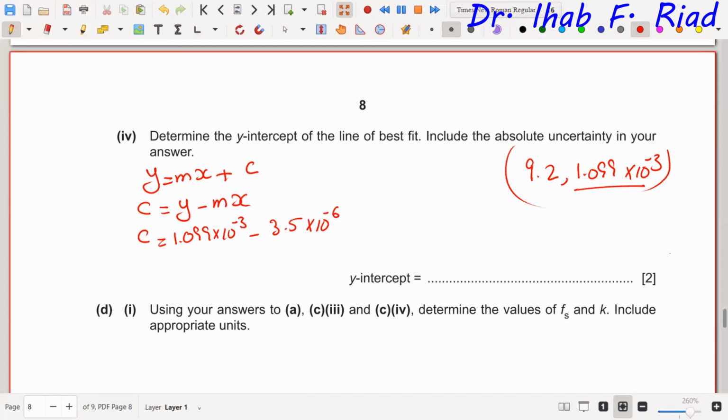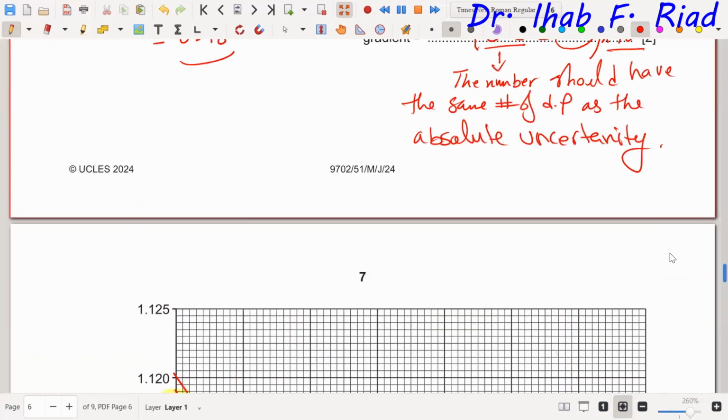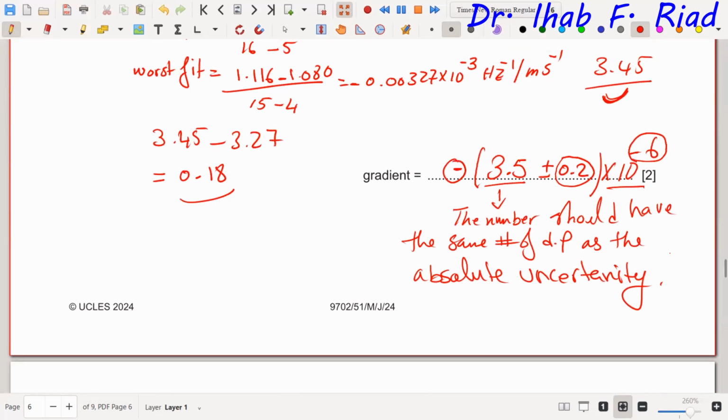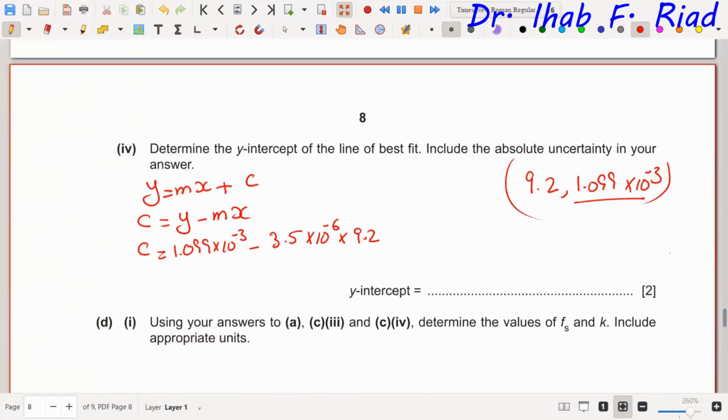And what is x? 9.2. But we are missing something. Remember, the gradient is a minus. So minus and a minus? Plus. So if we do this math, what we are going to get is 1.135 times 10 to the power minus 3.